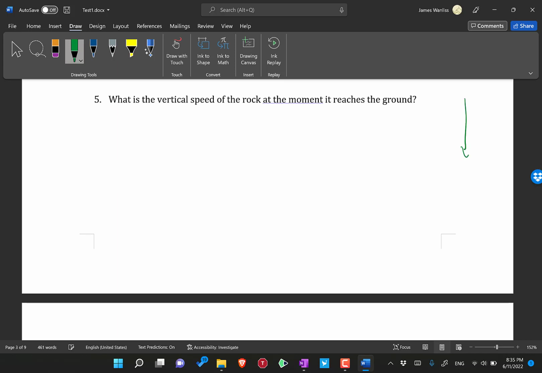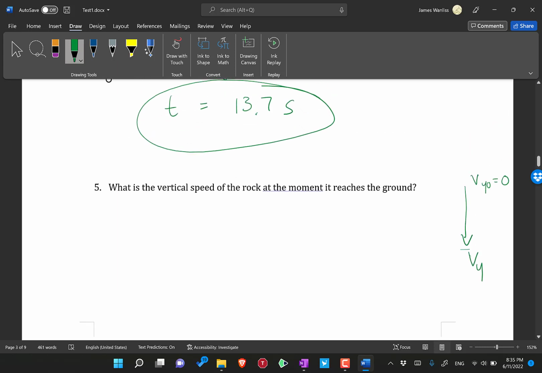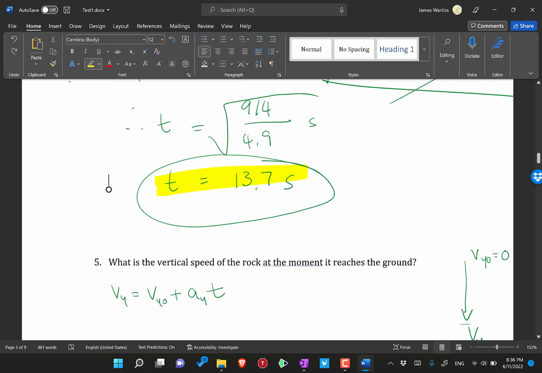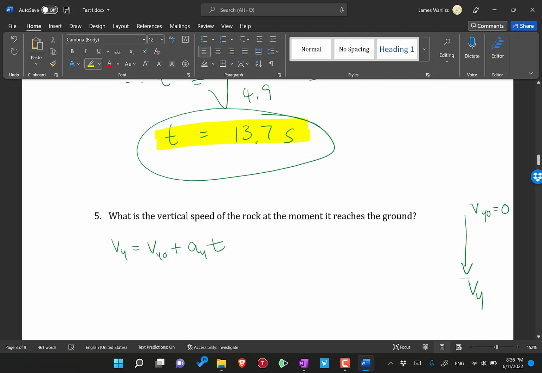What is the vertical speed of the rock at the moment it reaches the ground? So it's falling down, and we're trying to find vy at the moment it reaches the ground. At the start, vy0 equals 0. And let's see, I've got the time over here. So let's try to choose an equation. I know that vy equals vy0 plus ay t. I've got that t. Of course, I know the acceleration due to gravity.